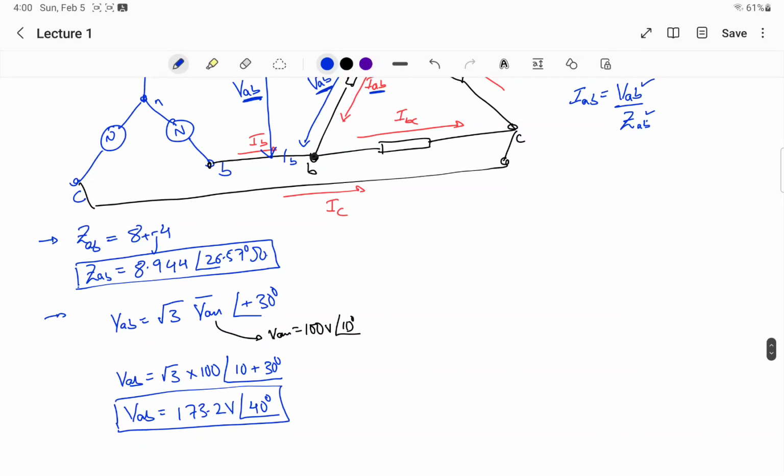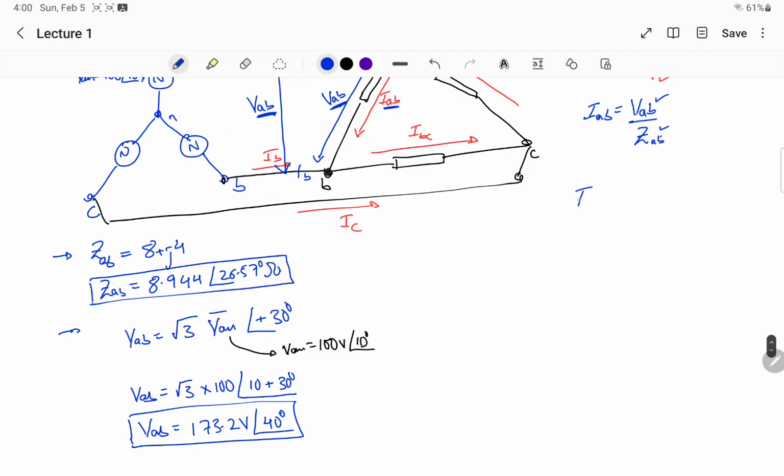So let's calculate IAB now. IAB will be 173.2 volts angle 40 degrees divided by 8.944 ohms angle 26.57 degrees.